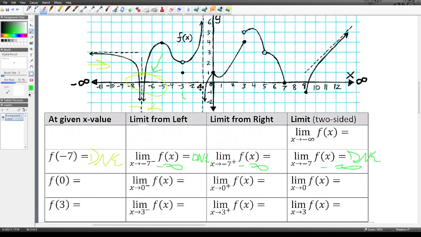So the limit of f of x as x approaches 0 from the negative or left side, this direction approaching here, this will be positive 1, my bad. It will be 1. So 1 and 1.